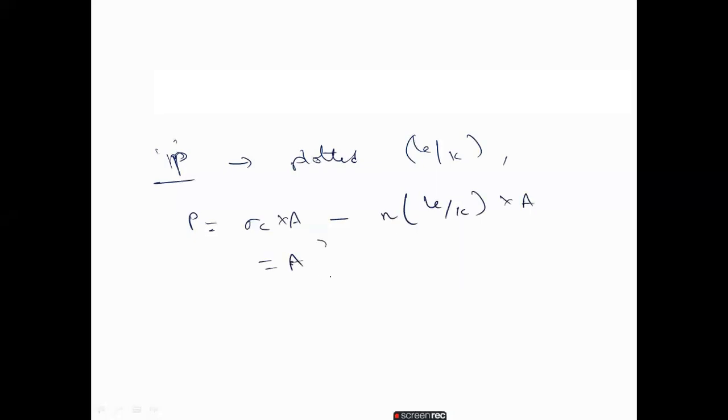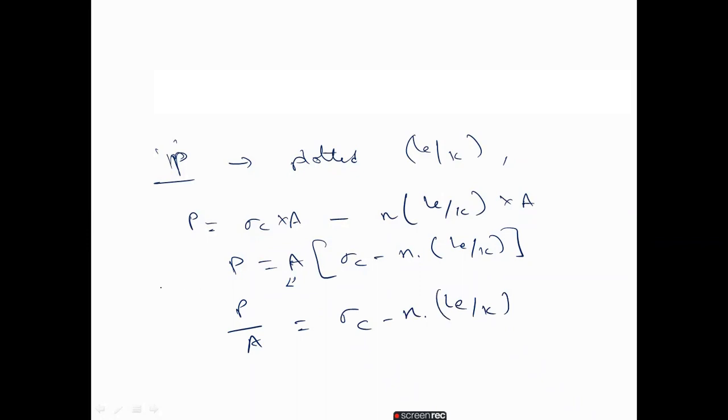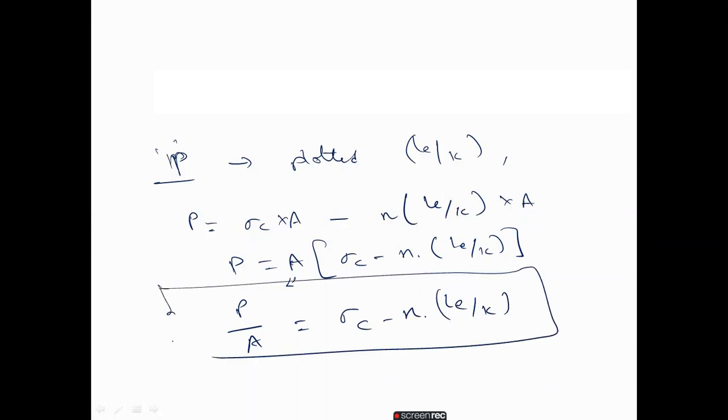If I take A common, P equals A times sigma C minus N into LE by K. If we send A to the denominator, P by A equals sigma C minus N into LE by K. This is the formula we got. Here P by A, we know already, is the stress corresponding to the load.